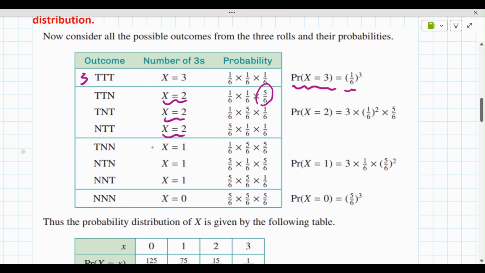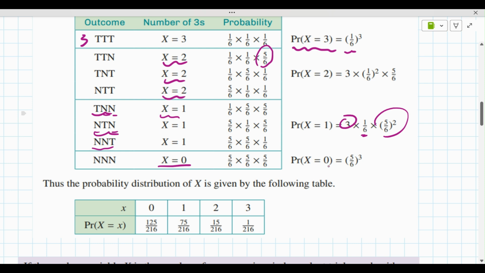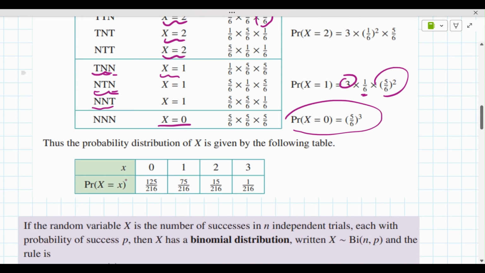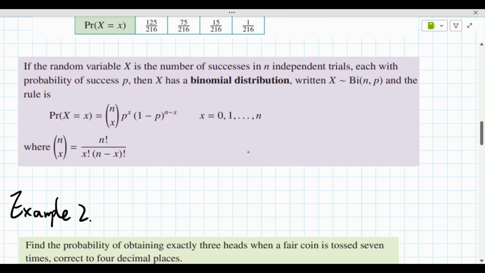And this is the probability for 1 three: you have two outcomes of N, which is 5/6 multiplied twice, so you use the square, and then 1/6. But this has 3 arrangements, so you multiply by 3. The last one is 0 threes, which is the most probable one. And you come up with this table. Then we call this the binomial distribution.